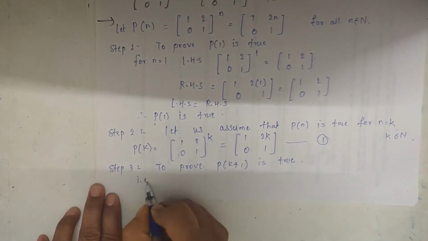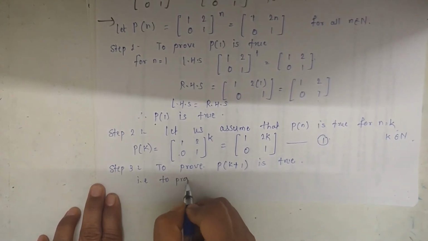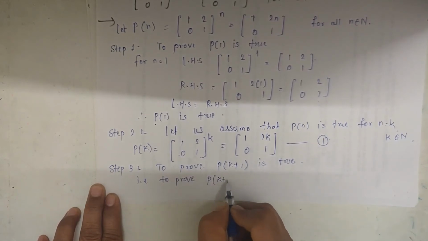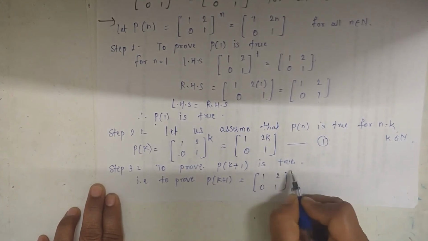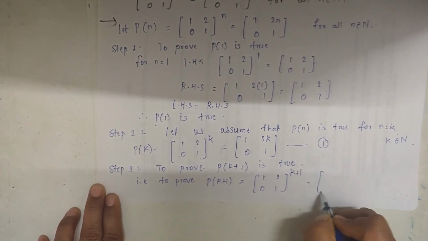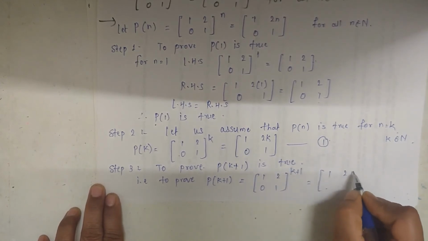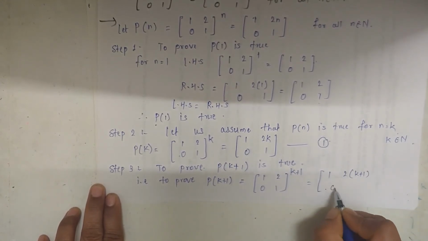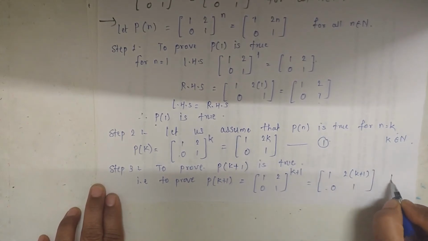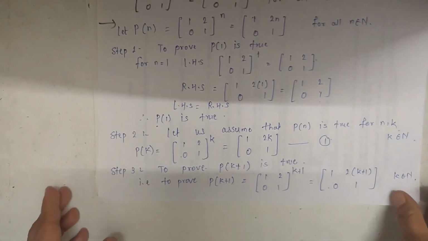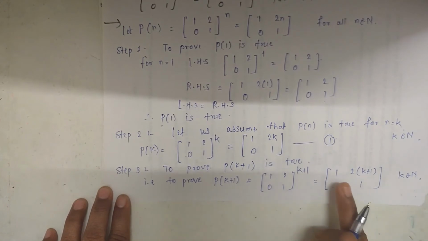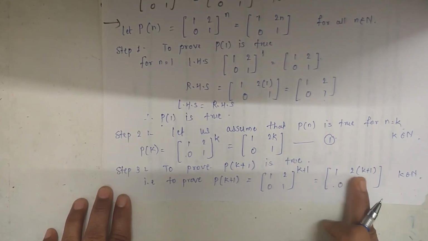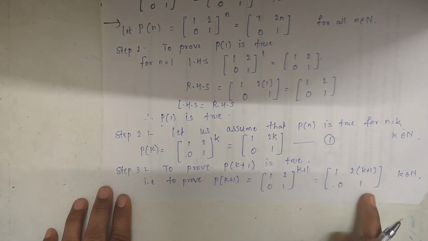That is to prove the statement P of k plus 1: the matrix of elements 1, 2, 0, 1 raised to k plus 1 is equal to the matrix of elements 1, 2 into k plus 1, 0, 1, for k belongs to the natural number n. Now here LHS of this statement is the matrix of elements 1, 2, 0, 1 raised to k plus 1, and RHS is the matrix of elements 1, 2 into k plus 1, 0, 1.